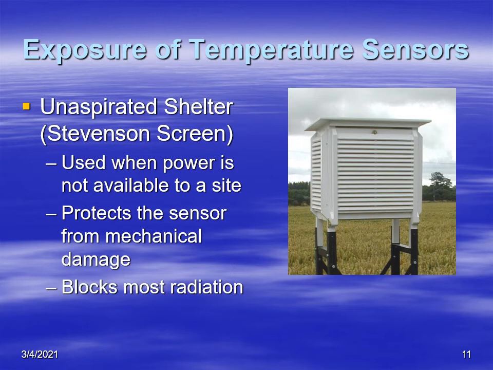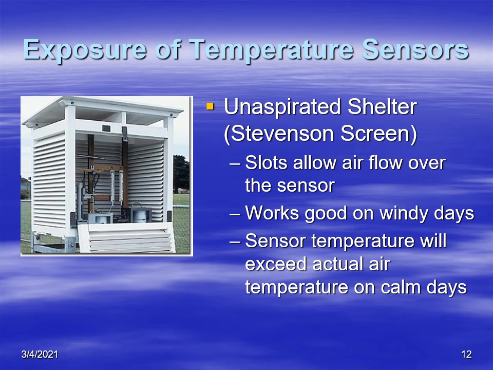Also, Stevenson screens protect sensors from mechanical damage. The thermometers are inside the shelter, and as a result, birds and hail and other things won't impinge upon the thermometers. And also, it blocks most radiation. It's painted white so that you have good reflection of solar radiation.